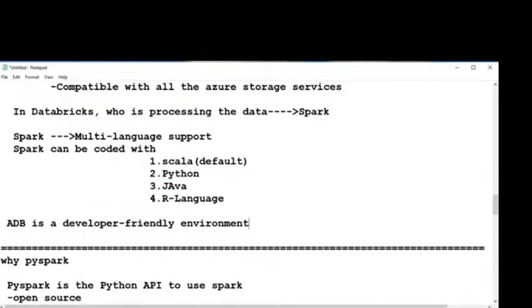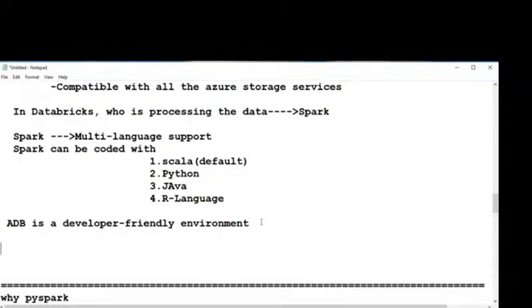For example, a very small example. In Java, if you want to define a variable, you say int x equal to 10. That is in Java.